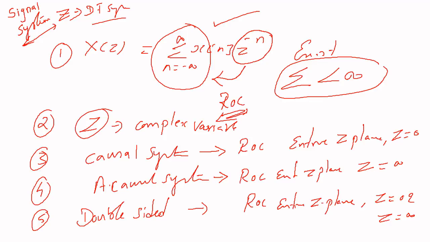These five important things we were talking about in our previous class. I refreshed it because these are all the vital points that one should keep in mind while studying Z transforms, right?